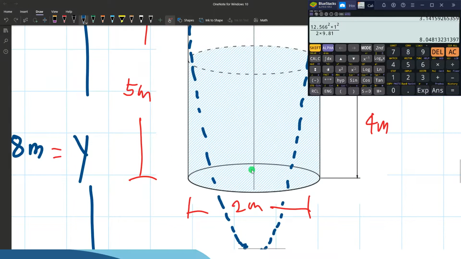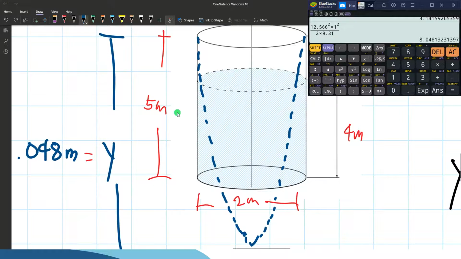So it means if our vortex exceeds the total depth of the tank, this area right here where the liquid surface touches the bottom portion of this tank will be uncovered. So there's no water here, which is also in the shape of a circle. So how do we determine the area of this uncovered portion?